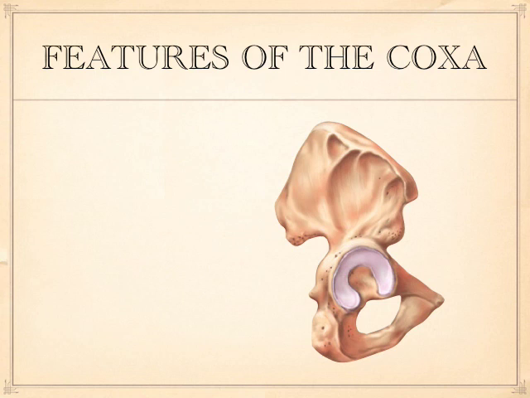All right, as we look at the features of the coxa, let's find the acetabulum. Now I've got 4 items on your list right up here that are on the whole coxa. And that's because, like this acetabulum here, notice it's the whole thing, isn't it? This whole rounded socket-like area.